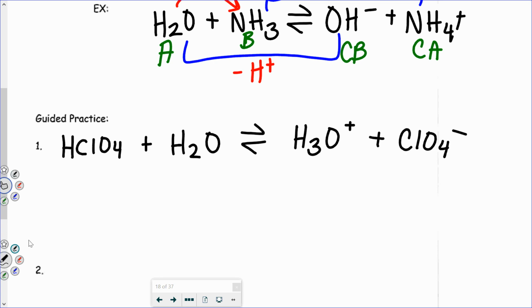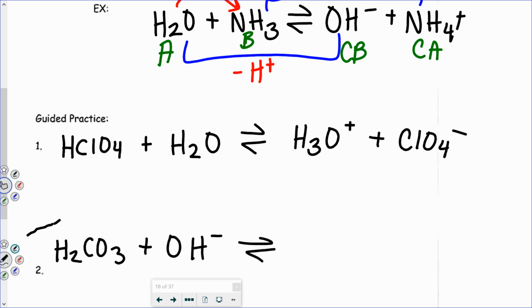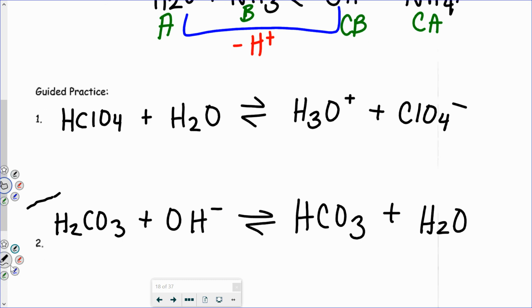And then your second example is H2CO3 plus OH minus, double-sided arrow, HCO3 minus plus H2O. Okay. So pause the video, try these 2 practice problems. I'm going to fill these in for you after you're done.